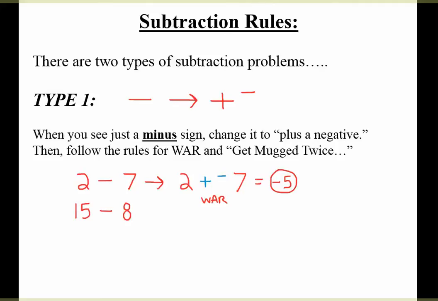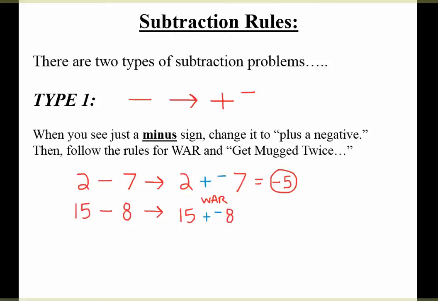We learned that a long time ago. But these rules still apply here. Okay, so 15 minus 8 would convert into what type of addition problem? Well, let's see. We're going to get 15, and that minus sign is going to change into plus a negative. So we're talking about 15 plus negative 8.